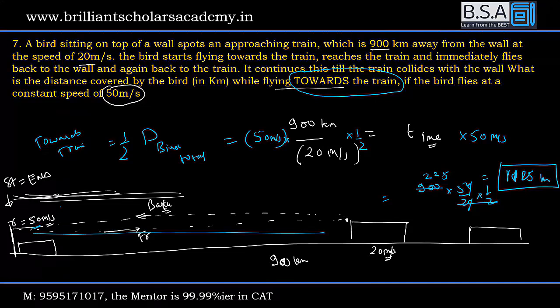Total distance traveled by the bird divided by 2 is the distance traveled in any one direction. Either you take it as towards the train or away from the train. You don't have to find out when will they meet, we don't care. The bird continues to fly till the train reaches the end point. That's all.